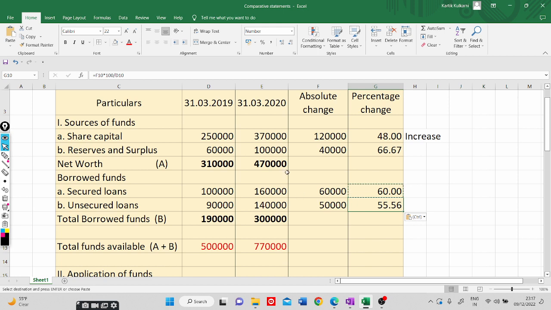Similarly, we can calculate or express this in terms of absolute change. It is 51%.